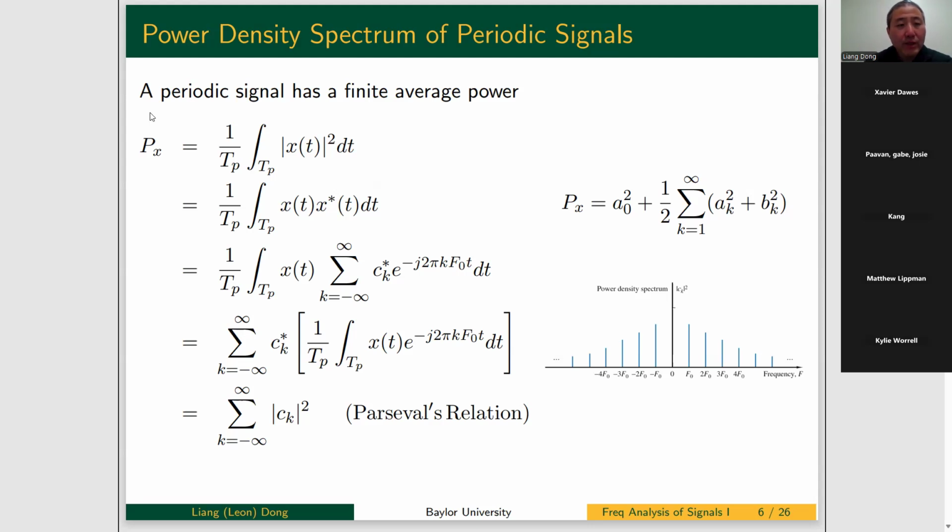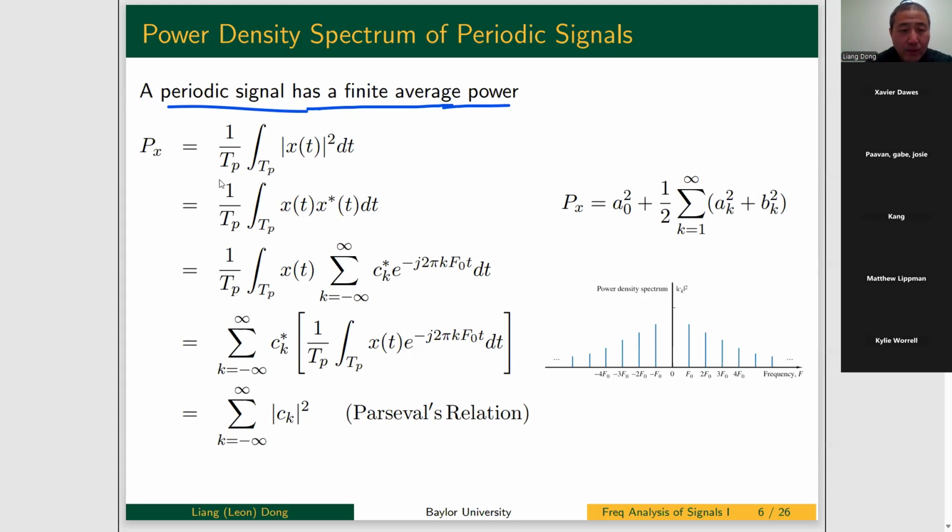So what we do is we take a periodic signal. A periodic signal has a finite average power. It's periodic, so you have a limited range of the signal, and it satisfies the Dirichlet conditions, so the average power is finite.